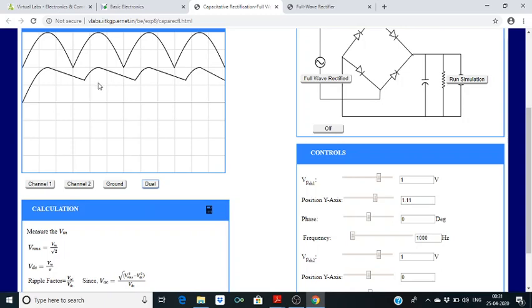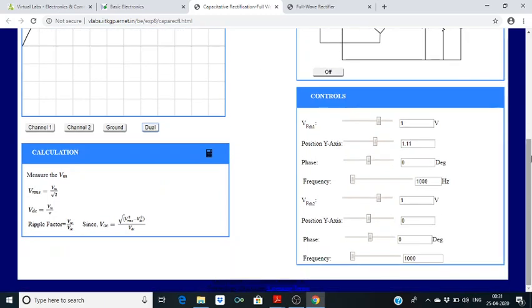Then you can calculate the ripple factor, gamma equals VRRMS divided by VDC. So you will see that the ripple factor with filter will be less as compared to the full wave rectified output without filter.